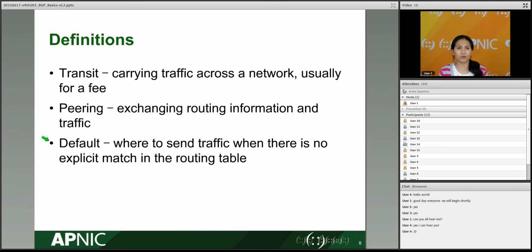So it points to the default link to have access to the rest of the internet if it's not specified. If you don't have any specifics in your routing table, then default is how it gets to the rest of the internet. Okay, so those three things.